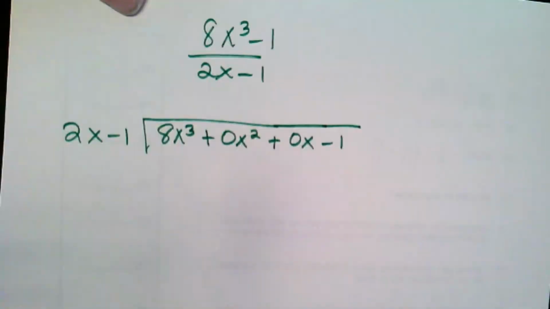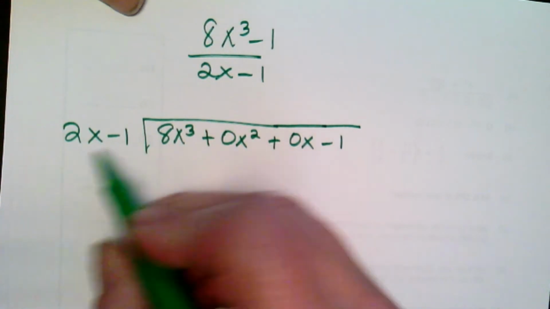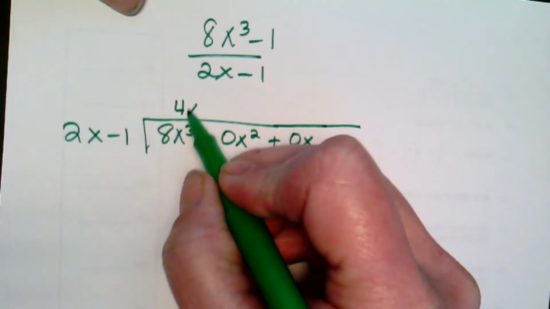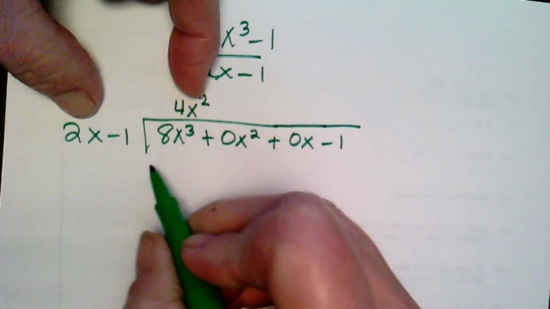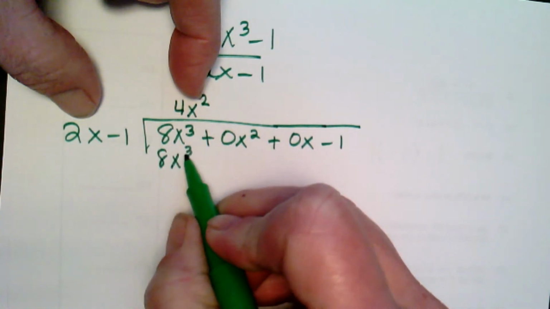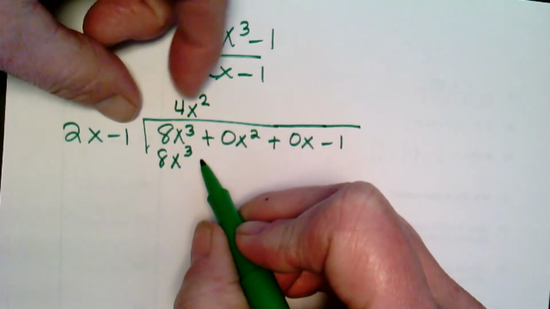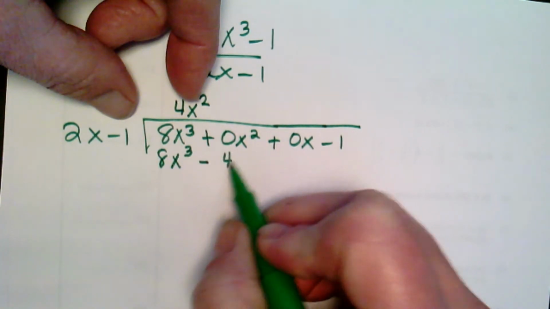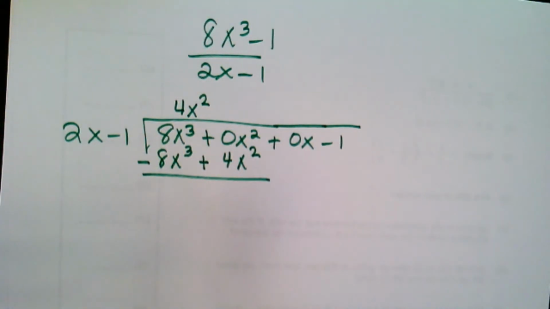Alright, so then we'll just start like we always have. 2x going into 8x cubed is 4x squared. 4x squared times 2x is 8x cubed. 4x squared times negative 1 is negative 4x squared. Change the signs of both.